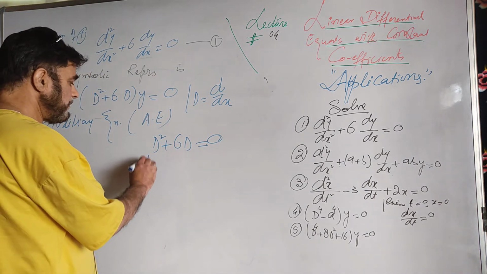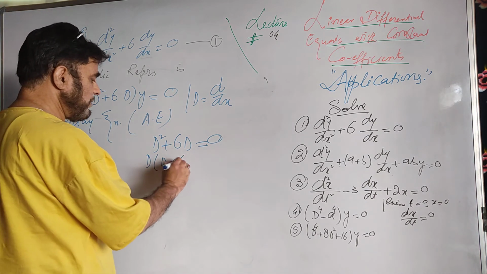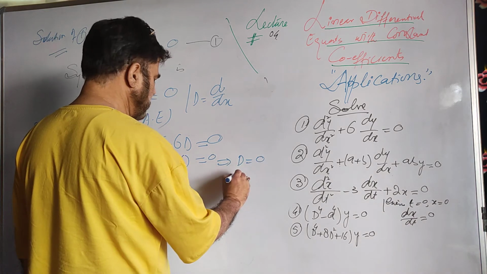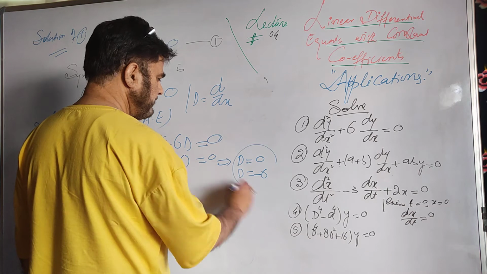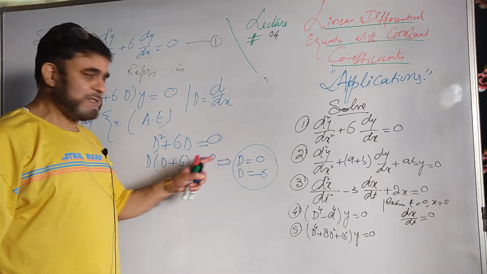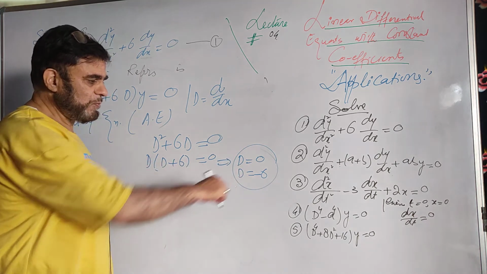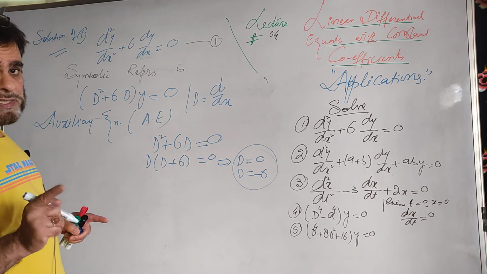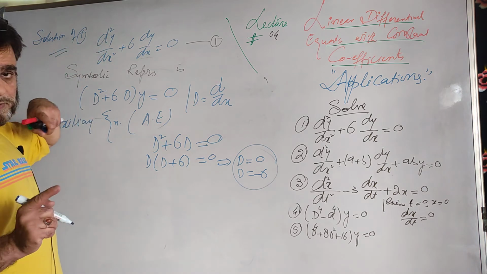Now this is d into d plus 6 equal to 0. This provides you one value of d is 0, second value of d is minus 6. When you write d plus 6 is 0, either d is 0 gives d equal to 0, d plus 6 equal to 0 gives d equal to minus 6. So you have got two values of d. What is the solution in this case? You have to see what is the dependent variable. It is y here. What is the independent variable? It is x.